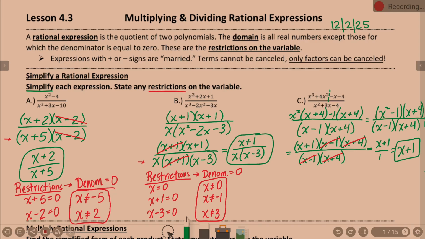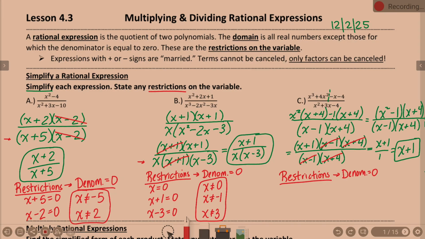Okay, restrictions. Restrictions, are they getting easy? Don't make them harder than what they are. In order to find our restrictions on the variable, set any denominators equal to 0. What am I setting equal to 0?